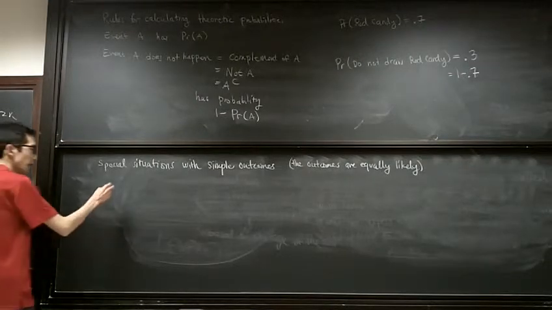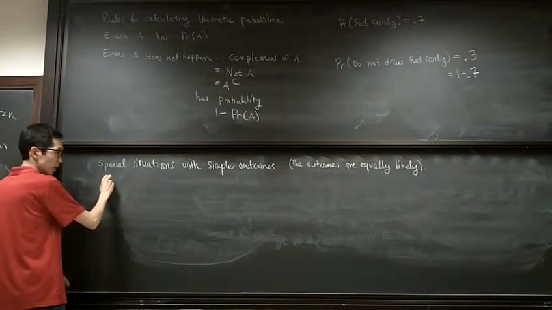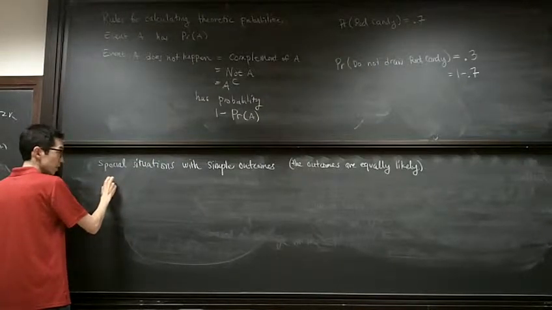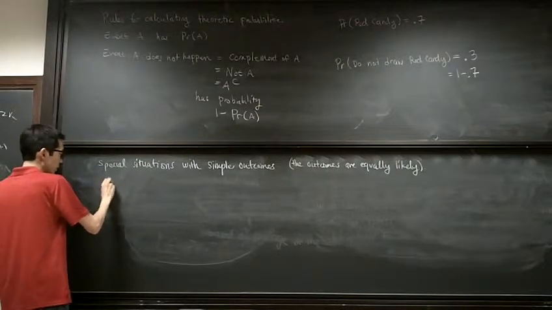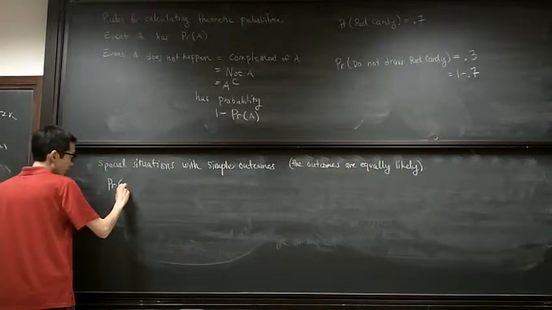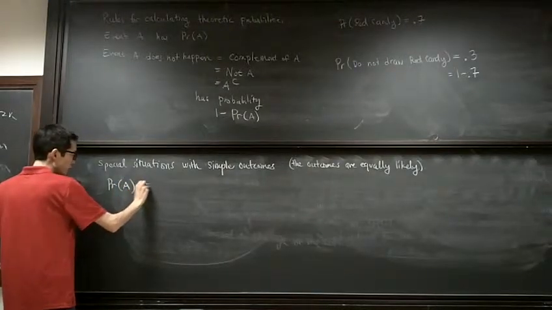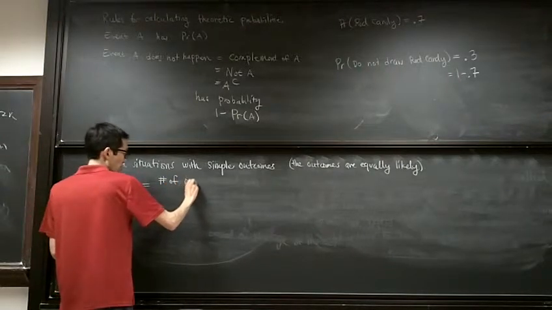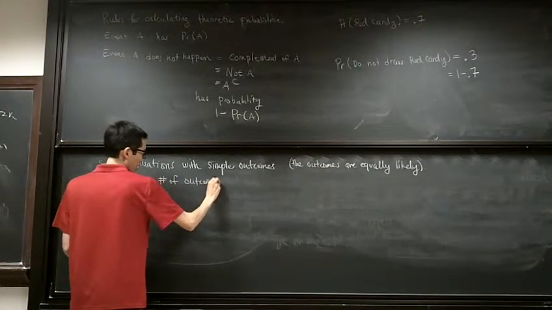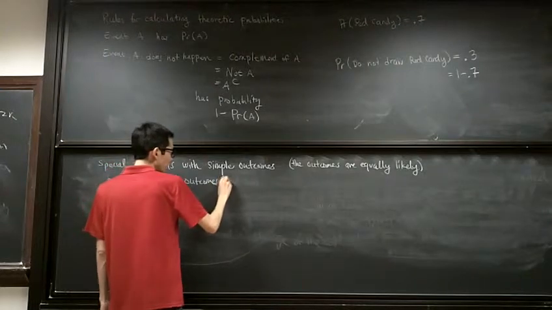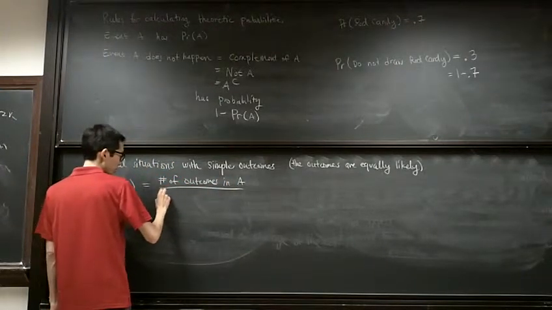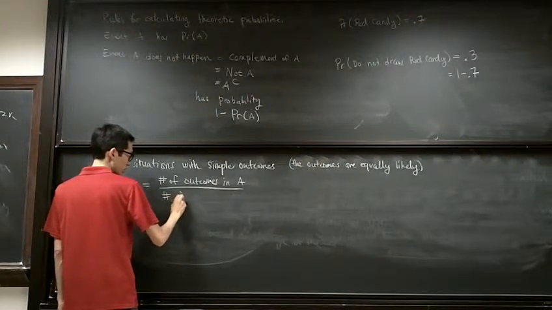So the probability of some event A is equal to the number of outcomes in A divided by the total number of outcomes.